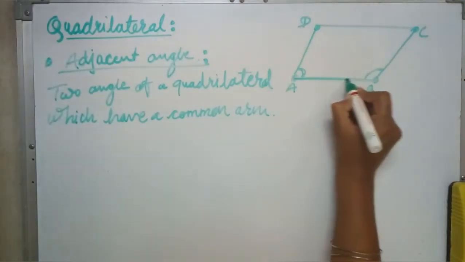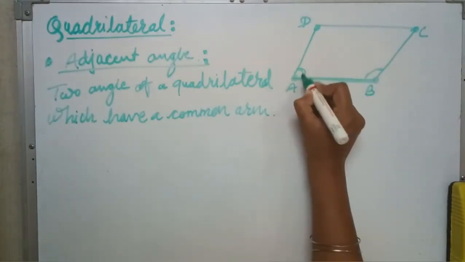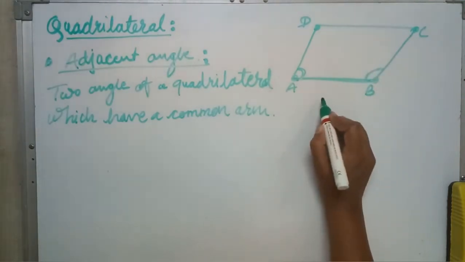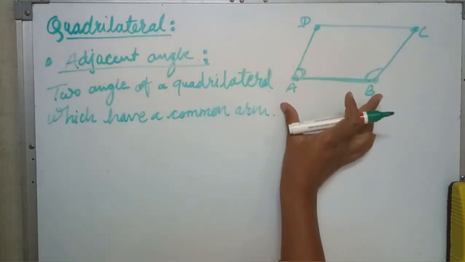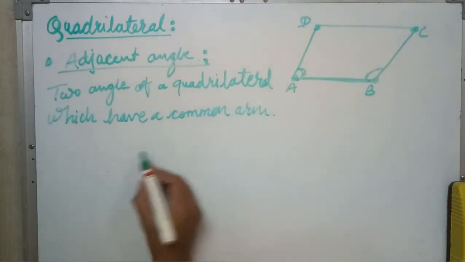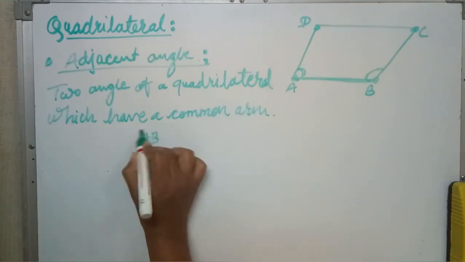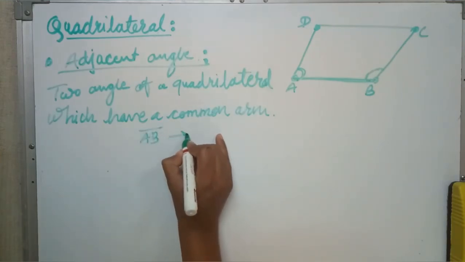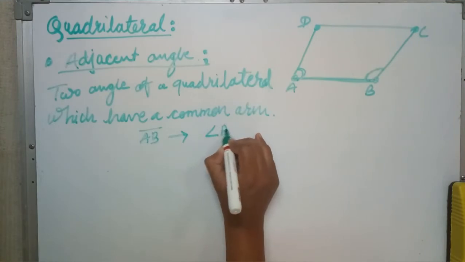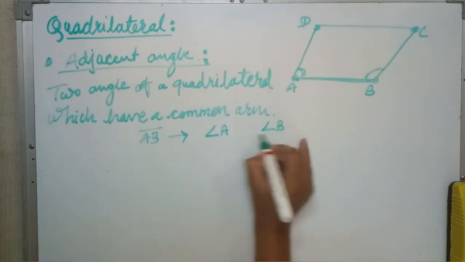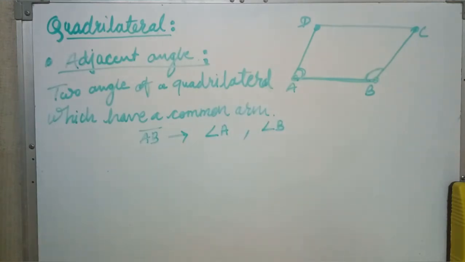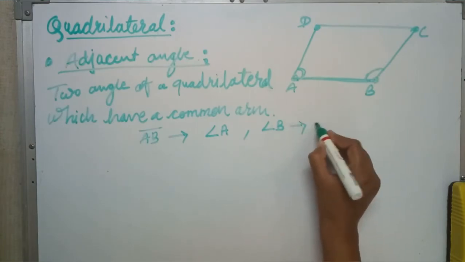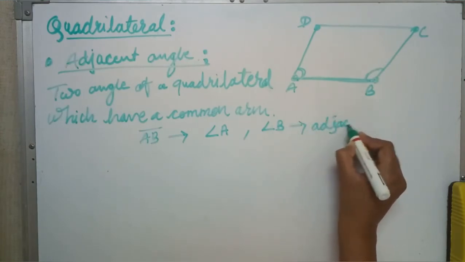So we can say these angles are adjacent angles because they are lying on side AB. If I take line segment AB, angle A and angle B are lying on it. That's why these two angles are adjacent angles.